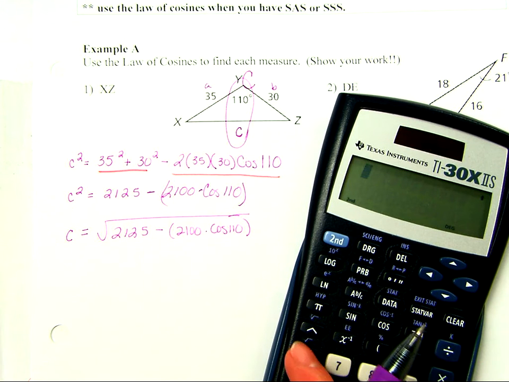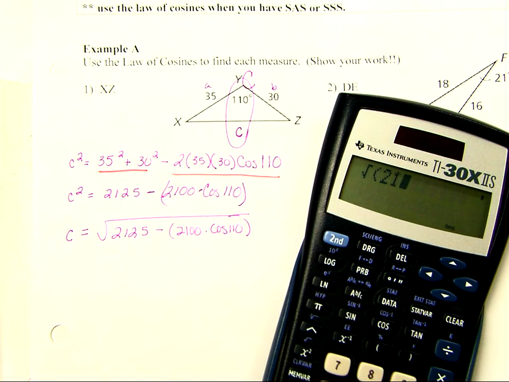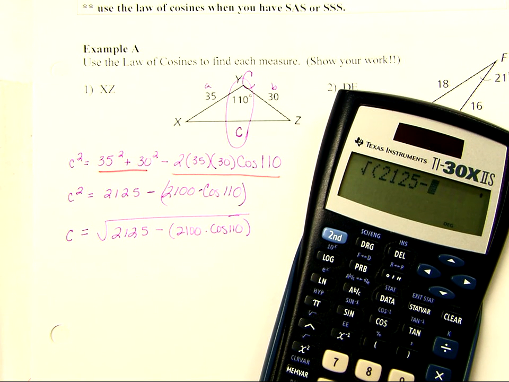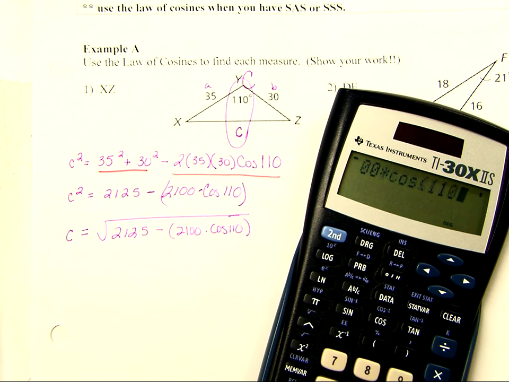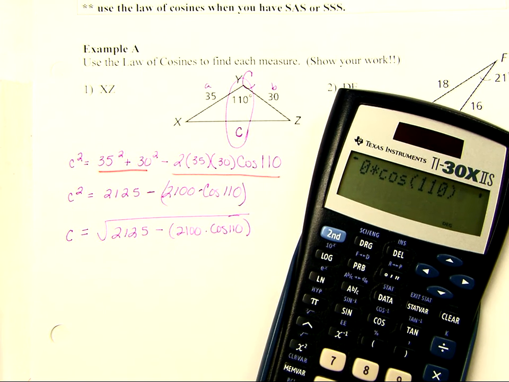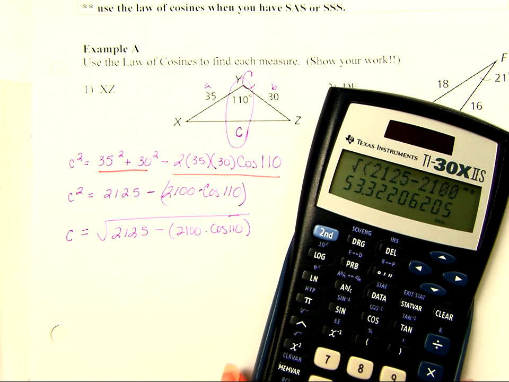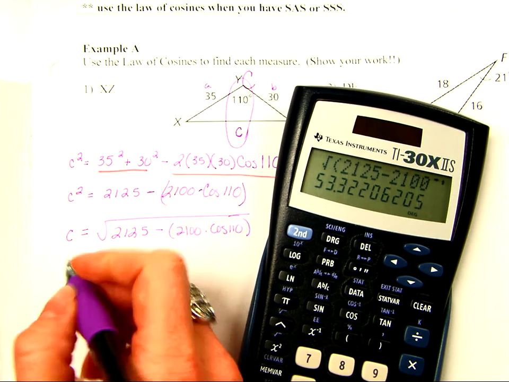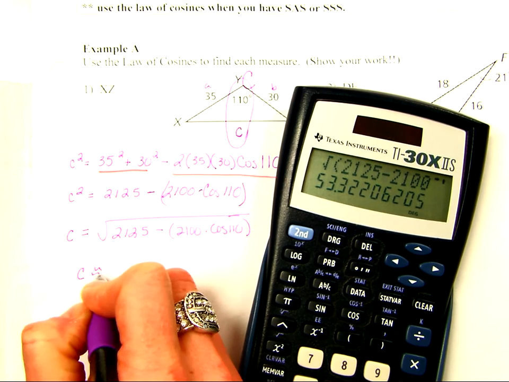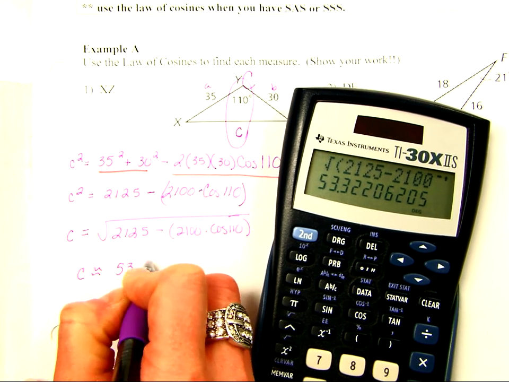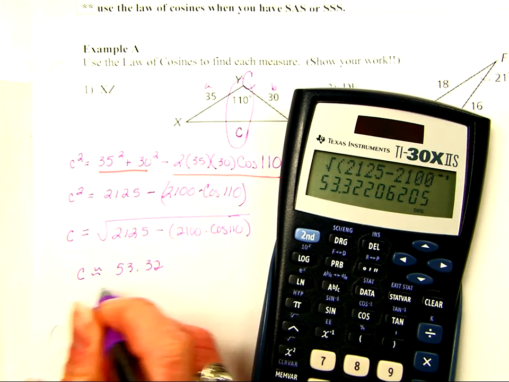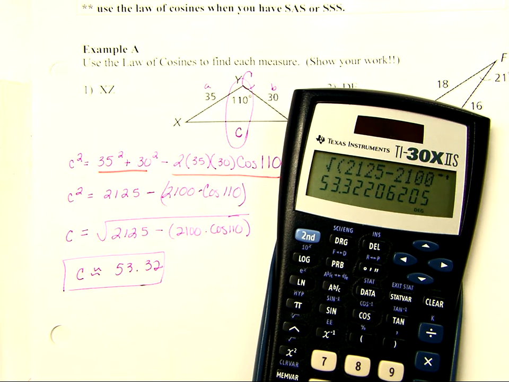So I'm going to say we need the square root, 2125 minus 2100 times the cosine of 110. And our calculator knows to follow the order of operations. And as I calculate that, I can see that C is going to be about 53.32 to the nearest hundredth.